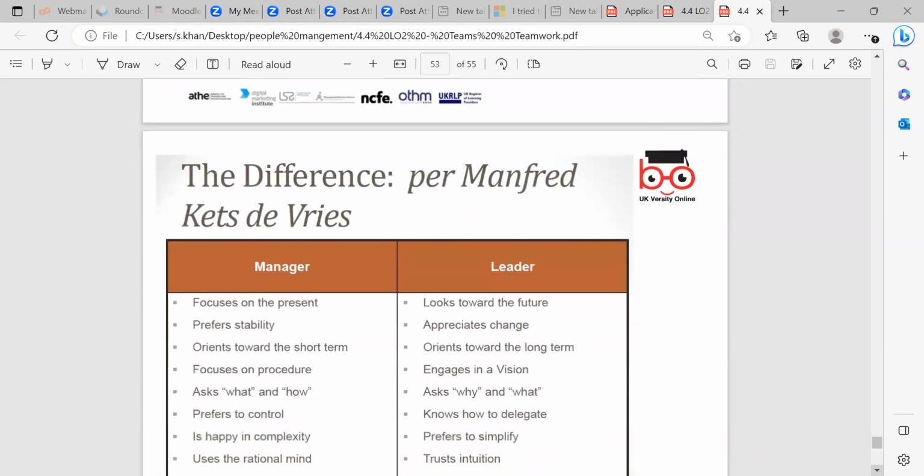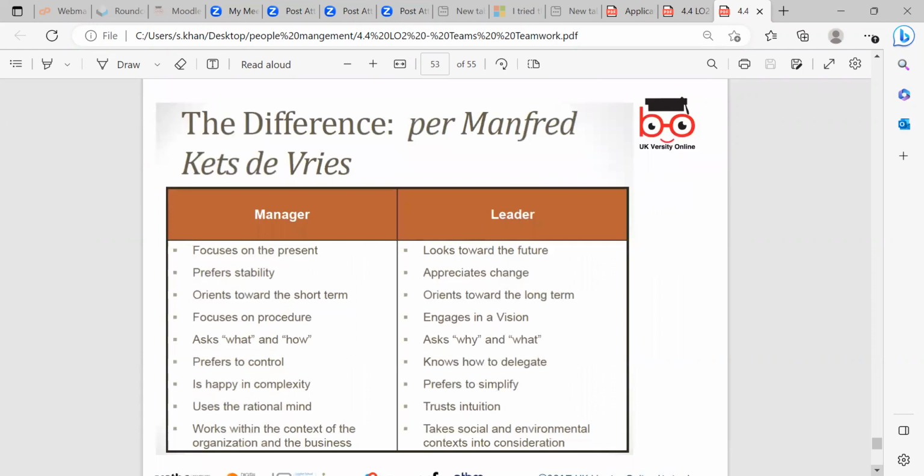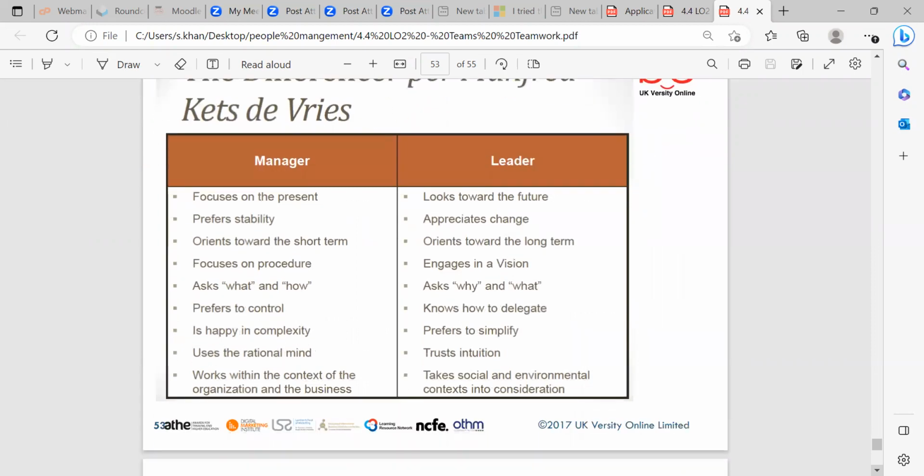The difference per Manfred Kets de Vries. So for managers, their focus is on the present, prefers stability, orients towards the short term, focuses on procedure, asks what and how, prefers to control, is happy in complexity, uses the rational mind, works with the context of the organization and the business.